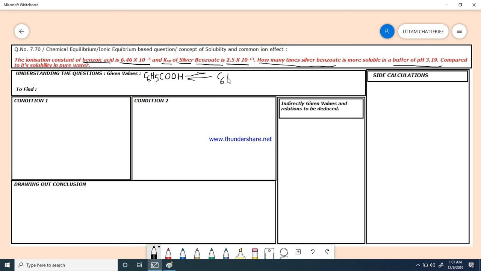It will form C6H5COO minus and H plus, such that its Ka, that is the concentration of C6H5COO minus into the concentration of H plus divided by the concentration of C6H5COOH, is equal to 6.46 × 10 to the power minus 5.